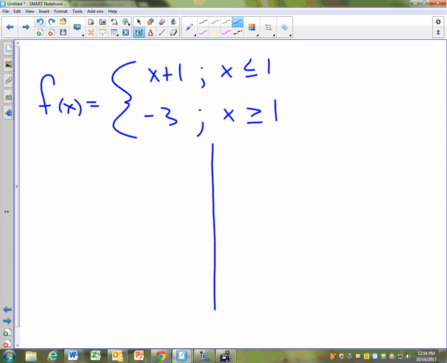Now, I don't have you doing this yet, so I don't want you to get too confused, but we're actually going to sketch these graphs. Do you remember what the graph of x plus 1 looks like? Is it a line? Is it a parabola? It's a line.